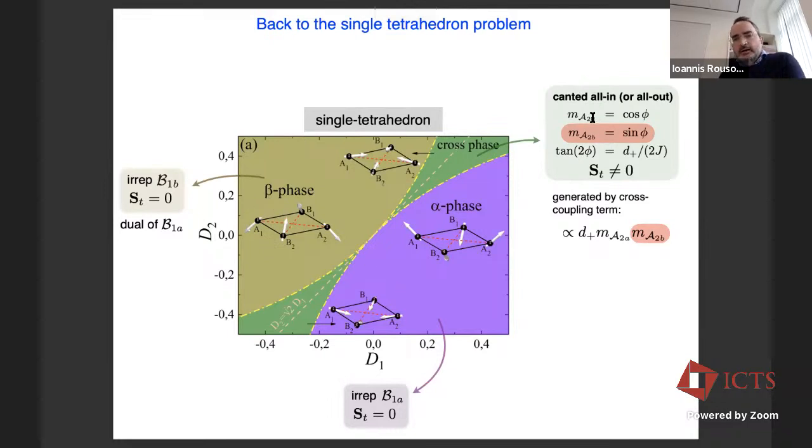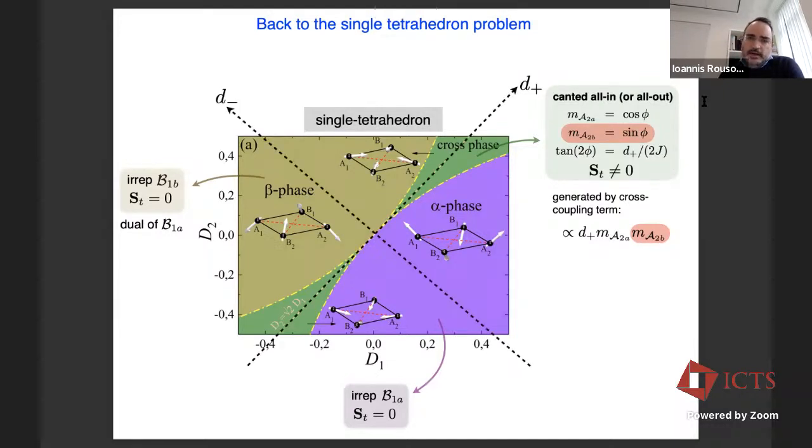That phase is generated by one of these cross-coupling terms that I showed in the previous slide, which combines the coupling between 2A and 2B. Again, this is the axis D plus and this is D minus. The more I move along this line, this term becomes more and more relevant, and that's why I generate this phase.